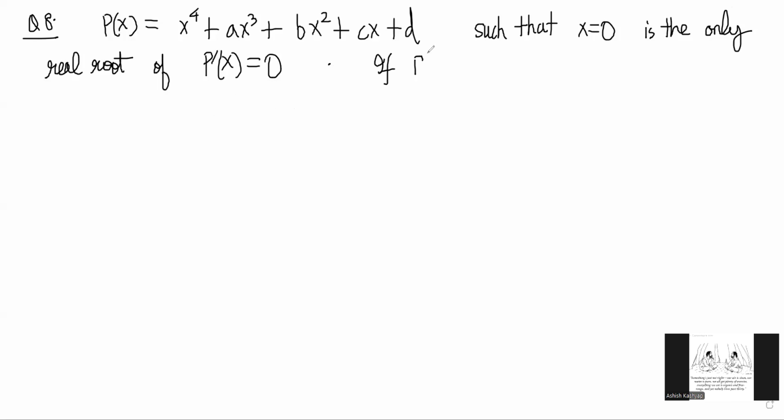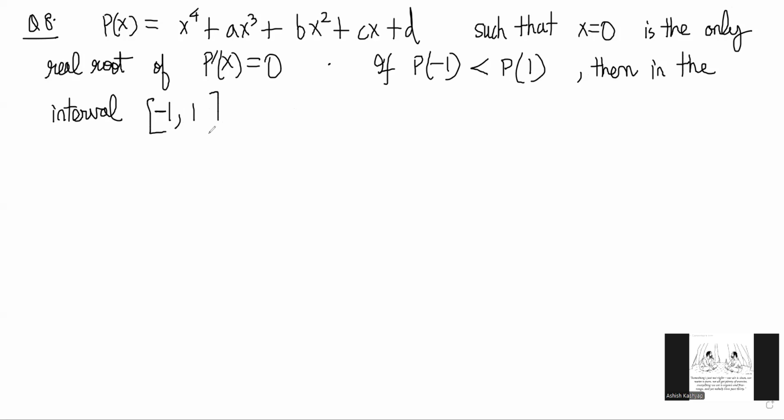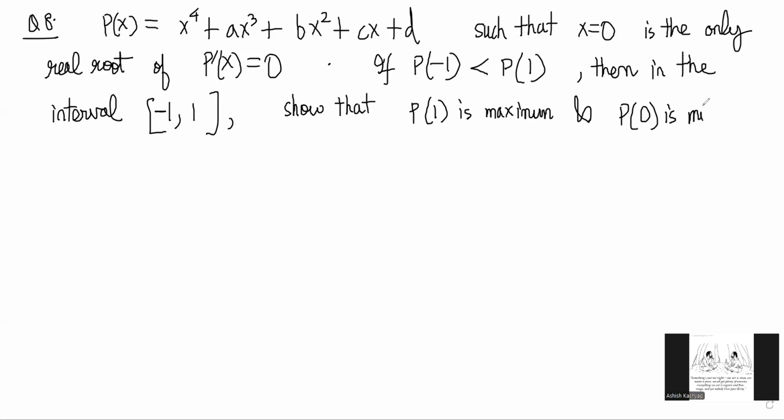If p of -1 is less than p of 1, then in the interval -1 to 1, show that p of 1 is maximum and p of 0 is minimum.